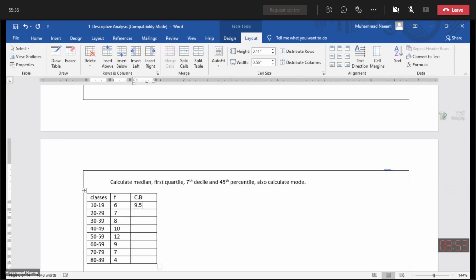We get 9.5, 19.5, 29.5, 39.5, 49.5, 59.5, 69.5, 79.5, and add half of the difference to all upper class limits.